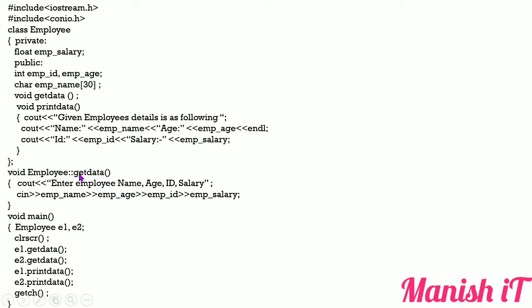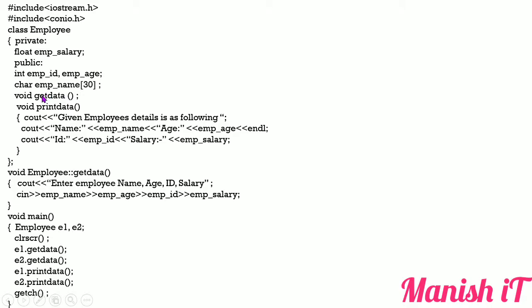And whatever member function you want to define, its return type should be written here. Why have I written void here? It is the rule of our class: whatever the return type of that member function is.